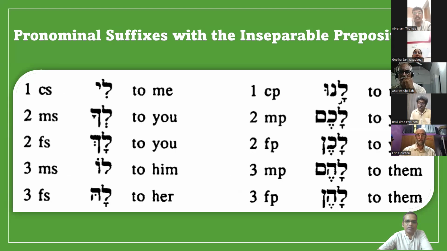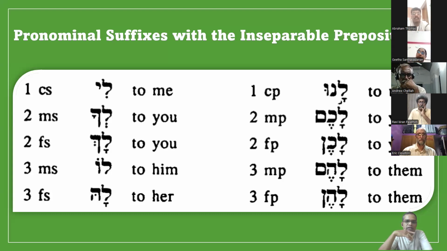Li, first common singular, meaning to me. It is the combination of the inseparable preposition and the pronominal suffix, so the meaning is to me. Second masculine singular, leka, so that shva is pronounced leka, to you. Second feminine singular, lak, to you.